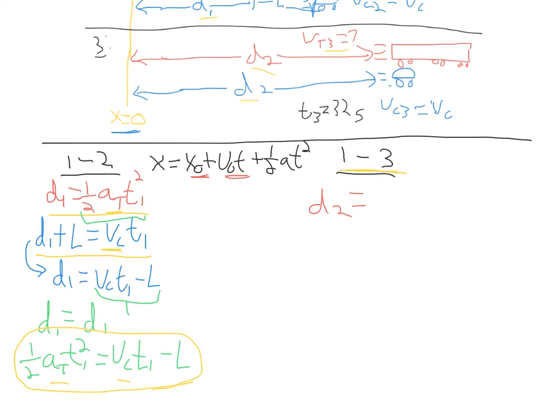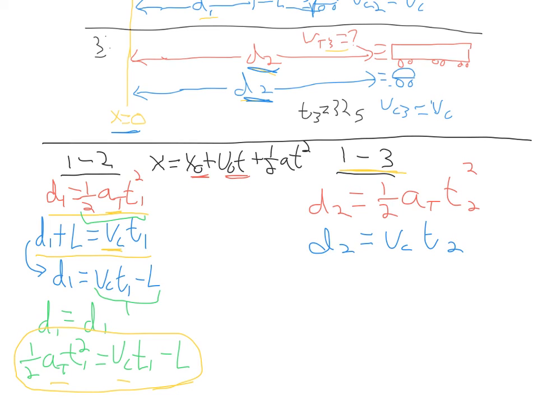Initial velocity is still 0. So again, you're just going to have 1/2 the acceleration of the train multiplied now by t2 squared. And for the car, we're going to have d2. That's the total distance it travels here, the same distance as the train, actually. And now that's just going to be equal to the velocity of the car multiplied by t2.